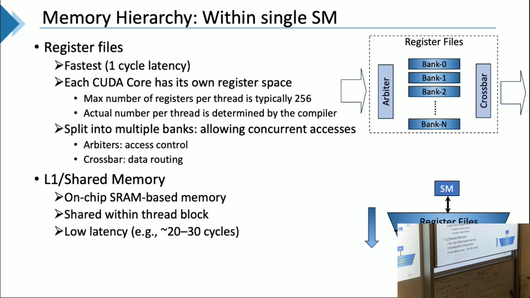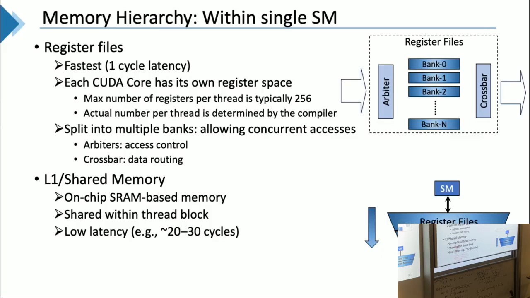So this is what we call a memory bank. In this register file, we have multiple memory banks, and there is an arbiter, a hardware module which, if you have multiple memory requests, helps decide which memory transaction should go first.